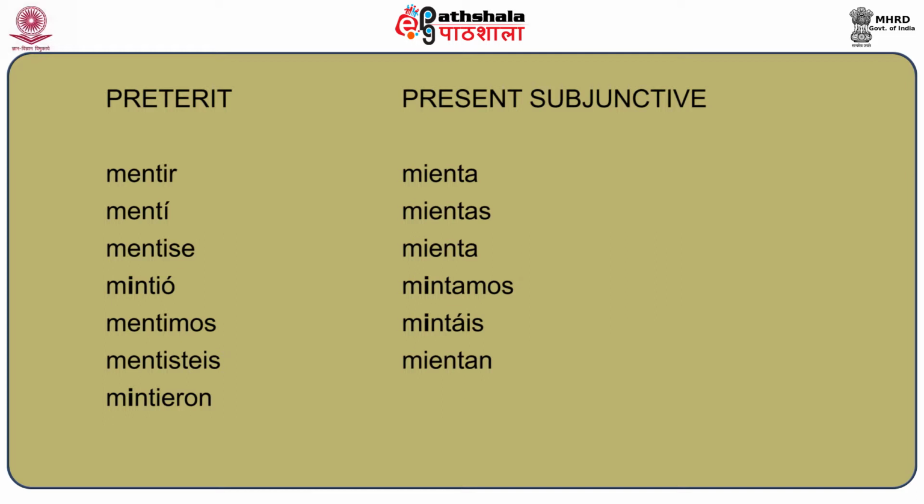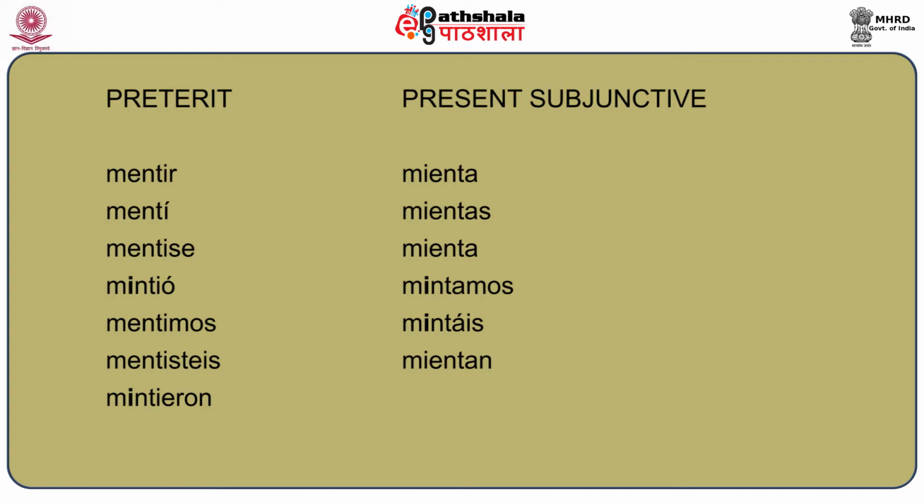nosotros mentimos, vosotros mentisteis, ellos, ellas, ustedes mintieron. So you can see it is again the third person singular and the third person plural where the vowel E changes into I, and the conjugations are mintió and mintieron.